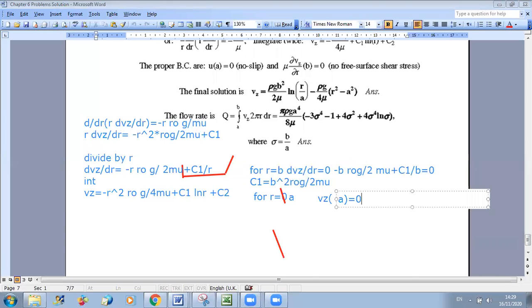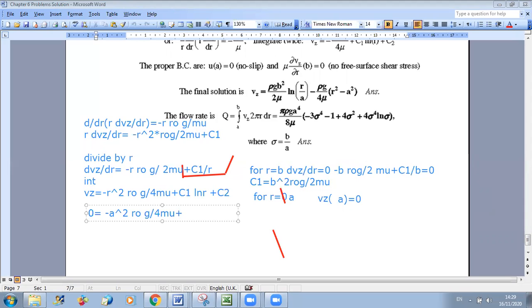Okay, so if we replace in the equation, we have 0 equals minus a square times rho times g over 4 mu plus c1 times ln of a plus c2. You can replace c1 by its value, or you can replace it at the end.